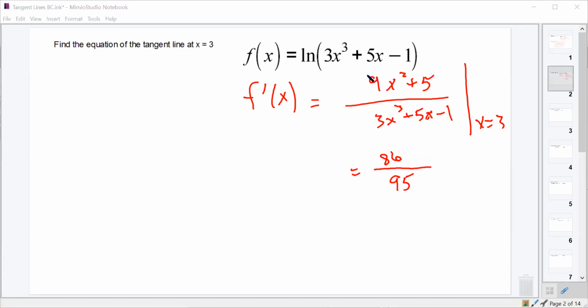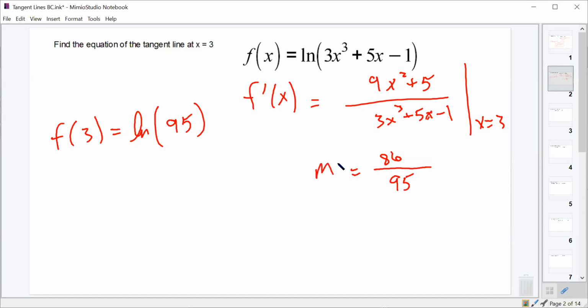Oh, good. All right. And then to find our point, it should be f of 3. F of 3 is just the natural log of that same thing that we had in the denominator there, which was 95. Natural log 95.